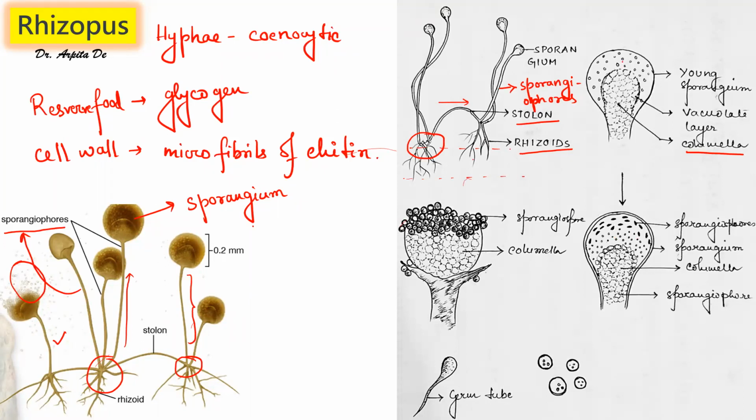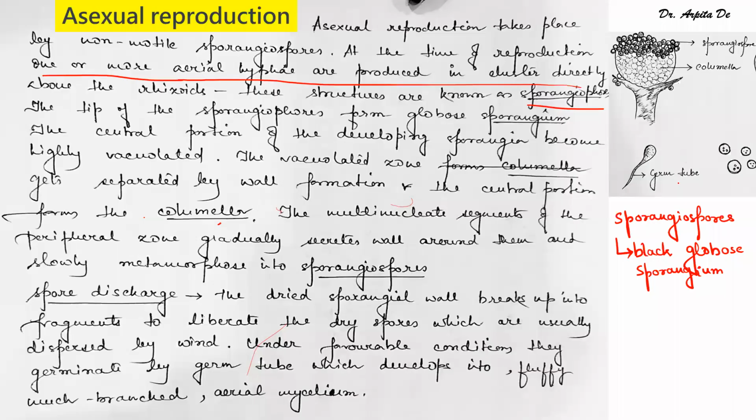That means nuclei were all free. See these structures, you can see, isn't it? They're all free nuclei, no walls. Later, wall formation takes place and they get metamorphosed into sporangiospores.